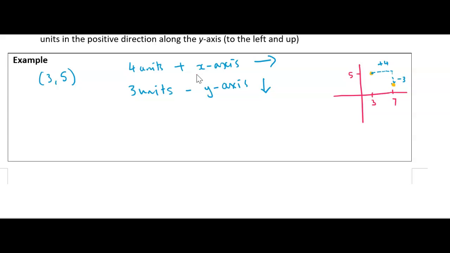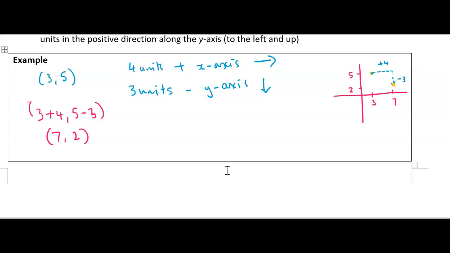And if we started at y equals 5 and went down 3, we're going to end up at 2. So effectively what we've done is 3 plus 4, 5 minus 3, which is 2.